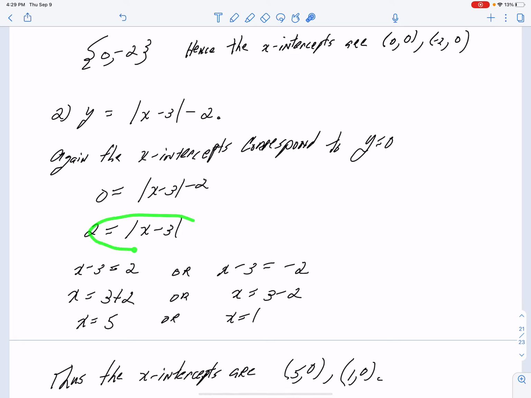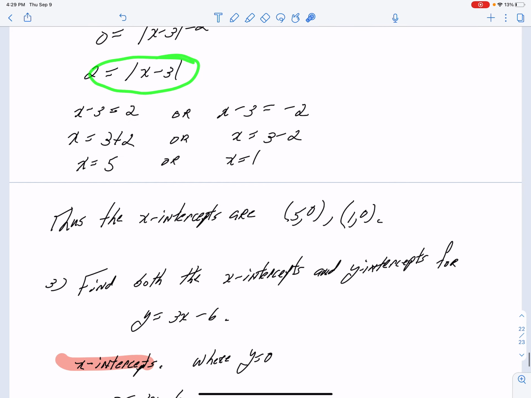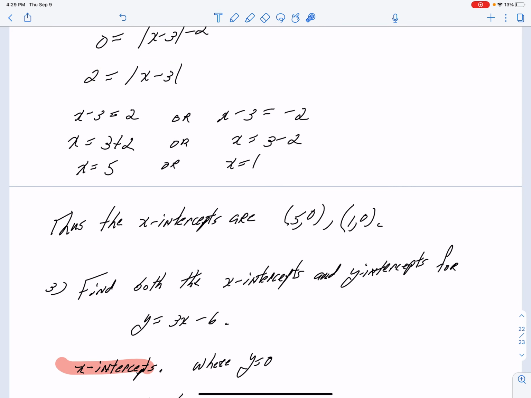I add 2 to both sides, and now I'm back solving an absolute value equation like we have in the past. How can that happen? Only if the inside, x minus 3, were 2, or the inside, x minus 3, happened to be minus 2.